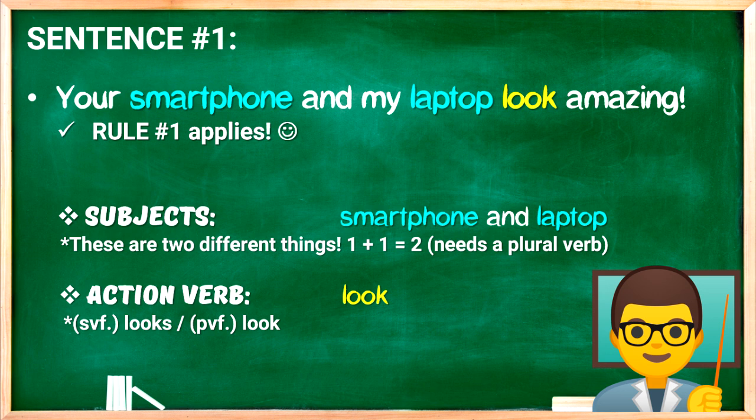In this sentence, rule number 1 applies. The compound subject here features two different things: a smartphone and a laptop. They are connected with a coordinating conjunction, and. Because the compound subject here consists of two different things, it takes a plural verb, which is look.